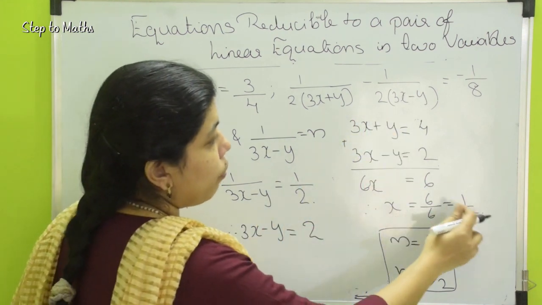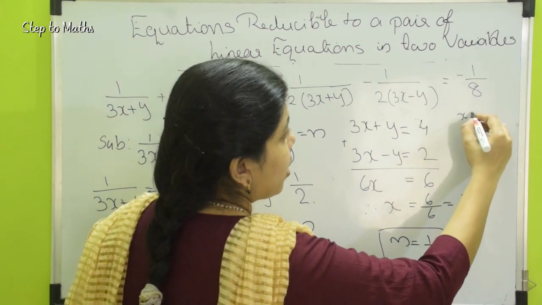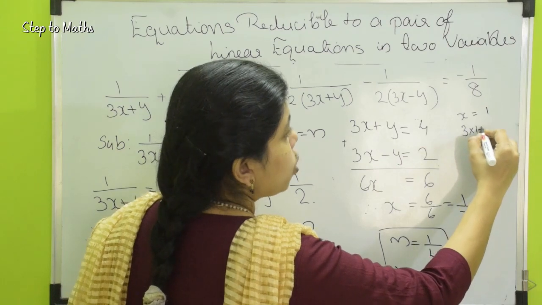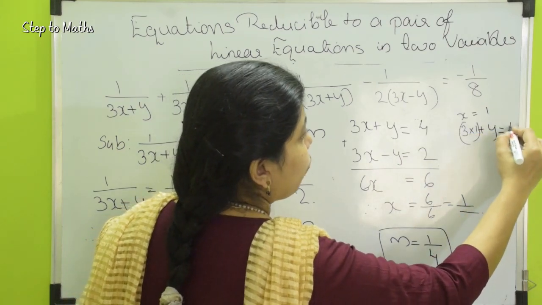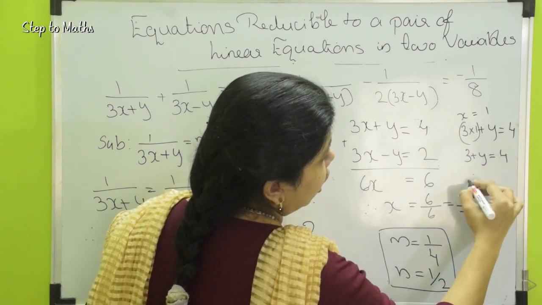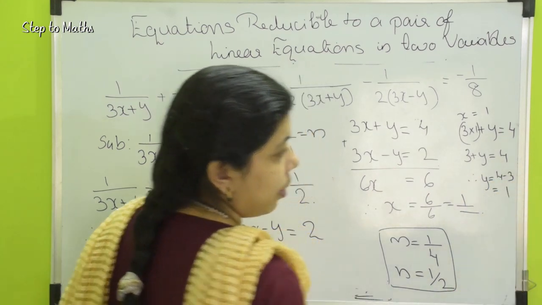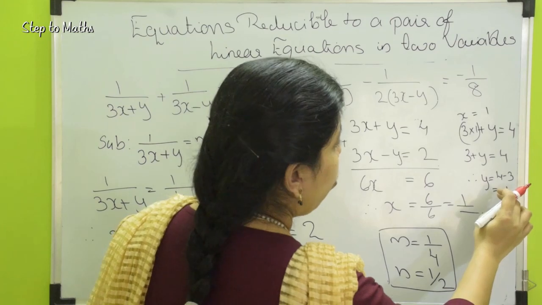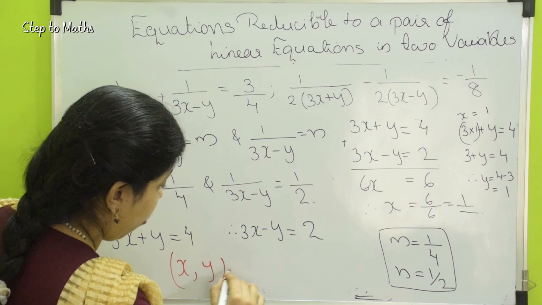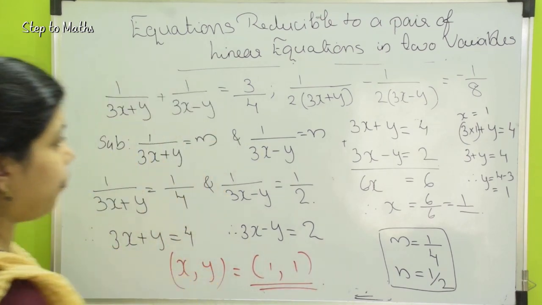If we substitute the value of x equal to 1 in the equation 3x plus y is equal to 4, we get 3 into 1 plus y equal to 4, 3 plus y equal to 4. Therefore, y equal to 4 minus 3 equal to 1. x is equal to 1, y equal to 1. Therefore, the solution of this system, x, y, is equal to 1, 1.